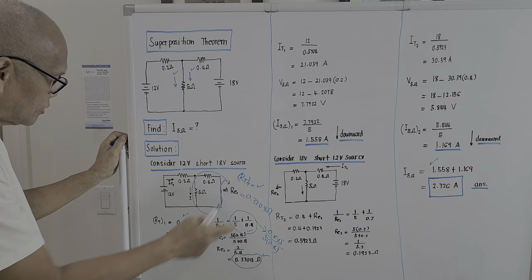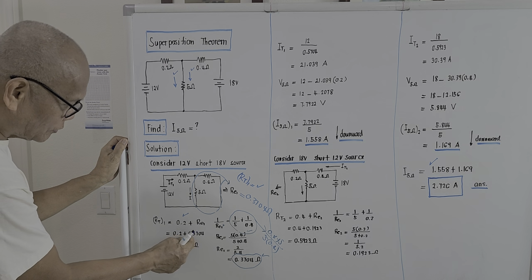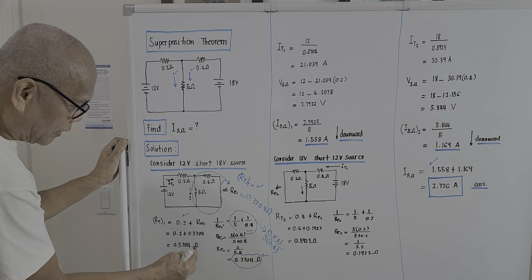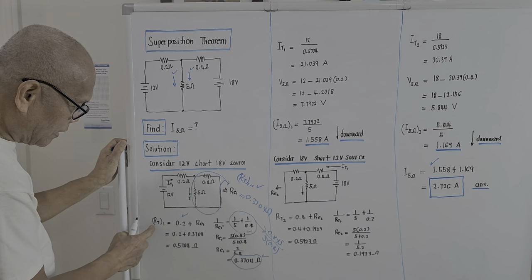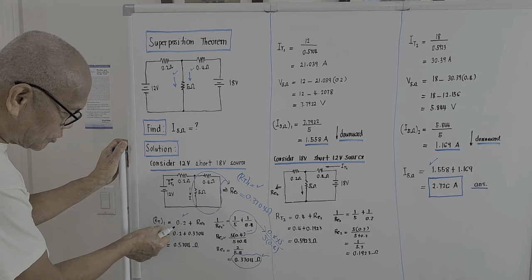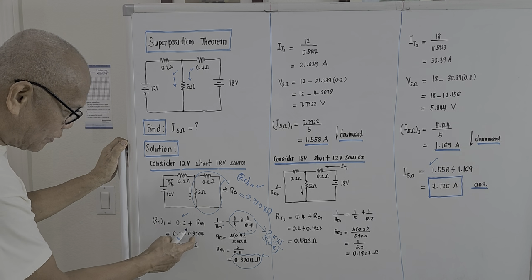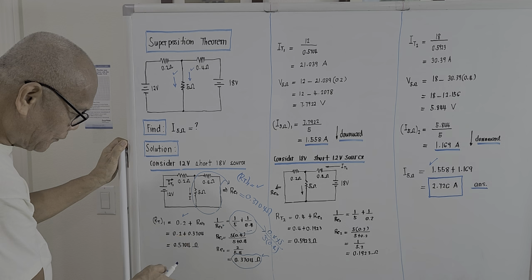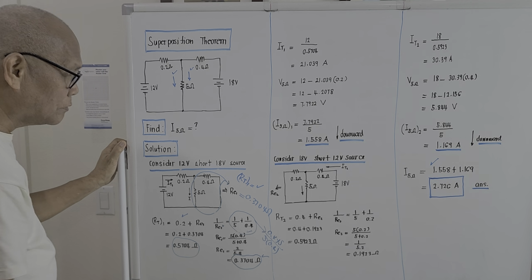So the total resistance will be 0.2 plus the single equivalent, which is 0.3704. So the total resistance with the subscript 1, due to the 12 volt source, will be 0.2 plus 0.3704, and the total resistance will be 0.5704 ohms.